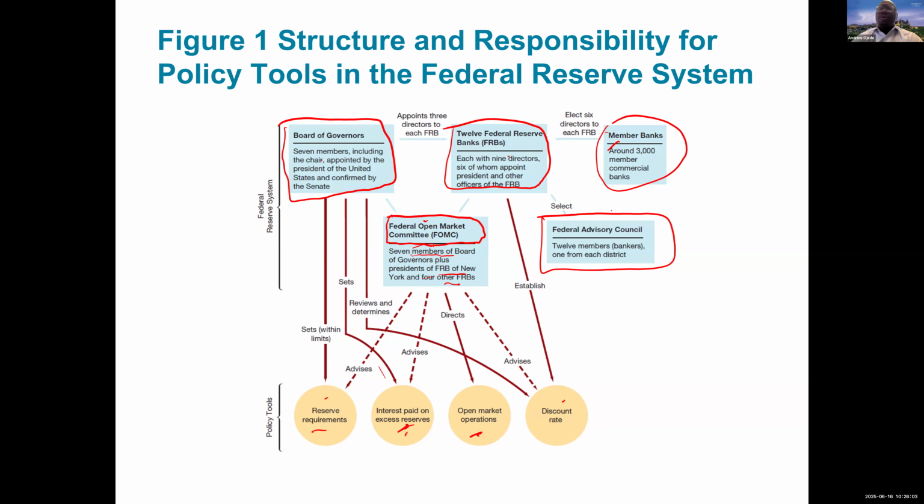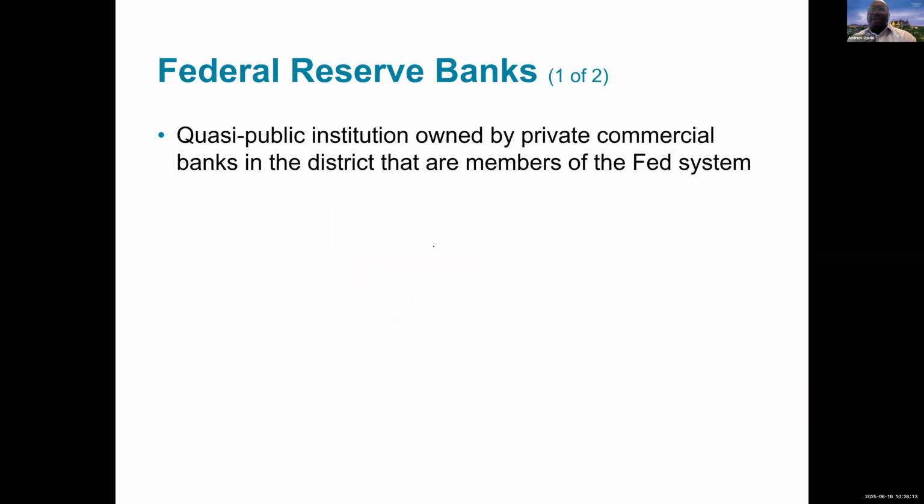What are the roles of the 12 Federal Reserve banks, these district branches across the country, which I'll show you on the map. Okay? So now let's talk about the Federal Reserve banks first. When I say Federal Reserve banks, I mean these 12 district branches that I talked about that are all spread across the country. There are 12 of them. There are 12 Federal Reserve banks, all spread across the country.